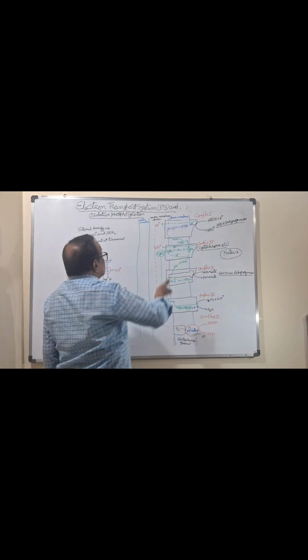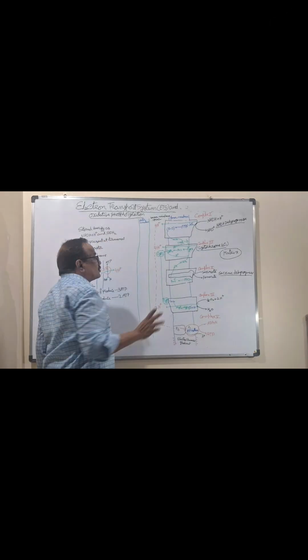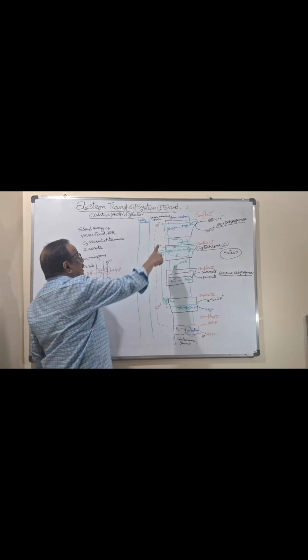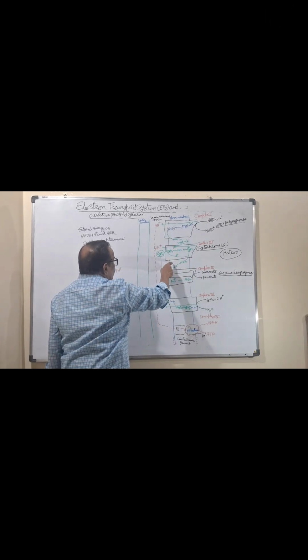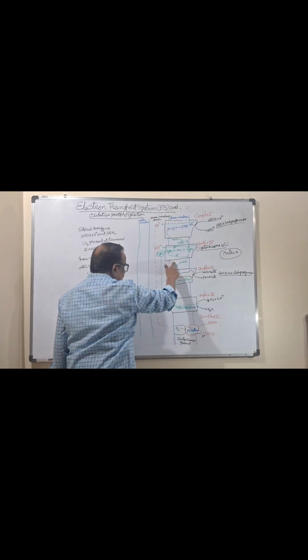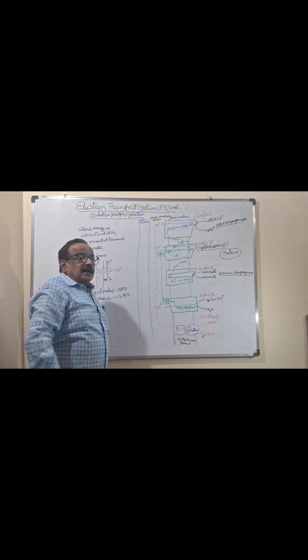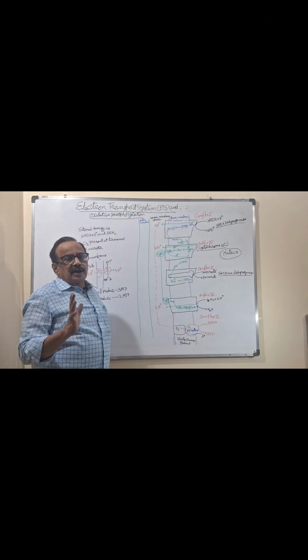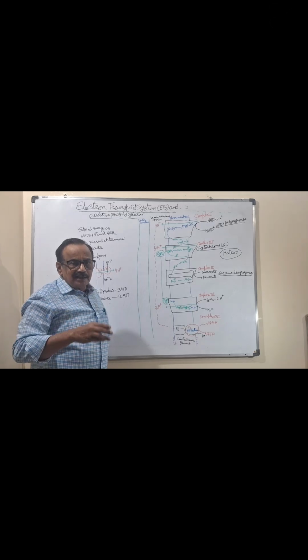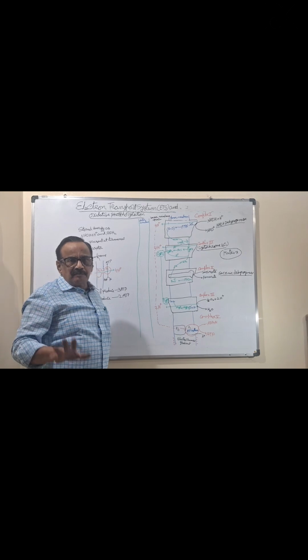Now, this entire electron transport system, oxidative phosphorylation, takes place in the inner membrane of the mitochondria. Mitochondria consists of two membranes, outer membrane and inner membrane. In the inner membrane, this electron transport takes place through the five complexes which are present inside the inner membrane.